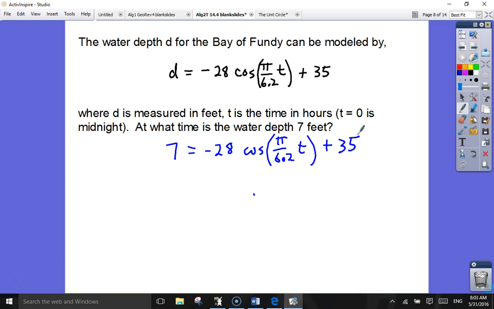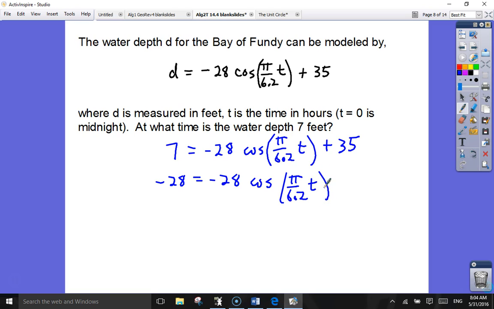So at this point, it's solve an equation. Isolate the cosine, do an inverse of some kind. How do I isolate this cosine? Subtract the 35. That would be a good place to start. Subtract 35, I get negative 28 equals negative 28 times the cosine of pi over 6.2 times t.